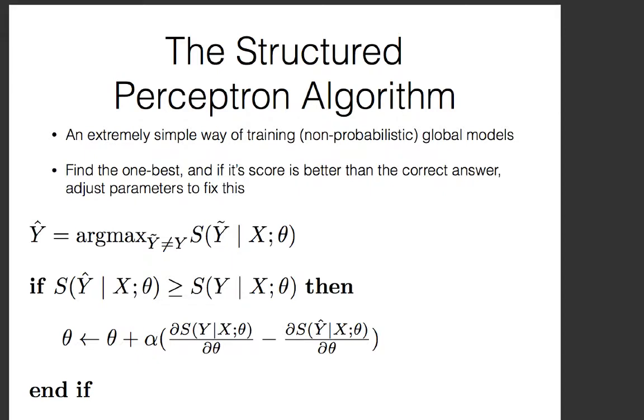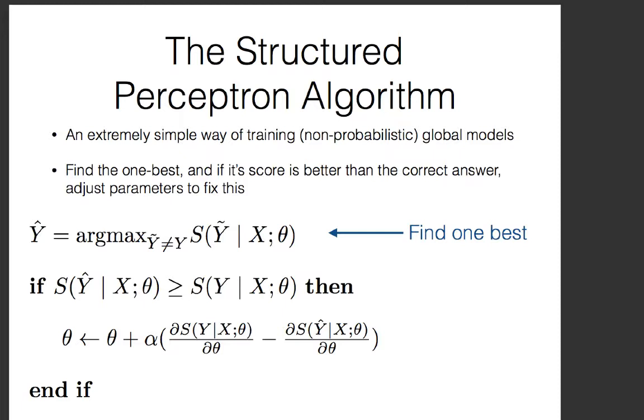Specifically, we have this algorithm. It's 4 lines. It's not super complicated. We find the one best output. So we do our search for the best structured output, which we will call y hat. This is the one that has the highest score.